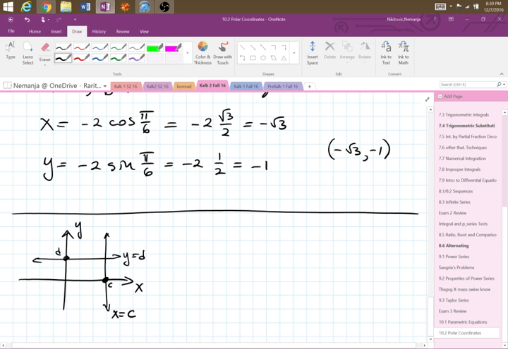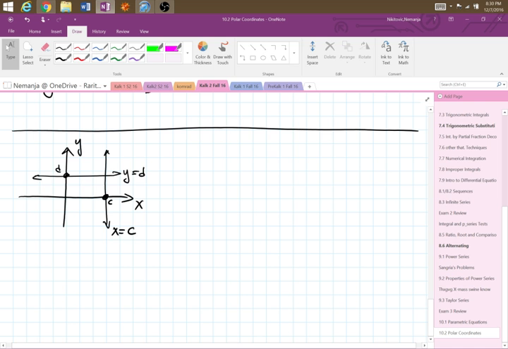We have these equivalents in our polar world. So we're going to have an equation that says r equals a number. So r equals 3. Now, what would be radius 3 that takes on all of the values of theta?